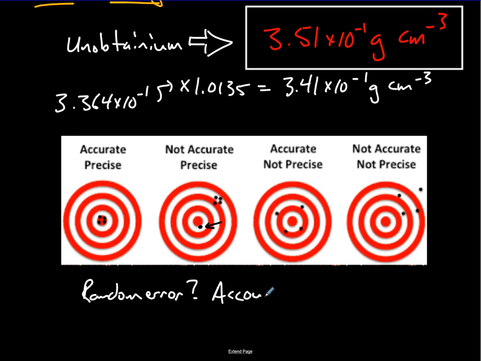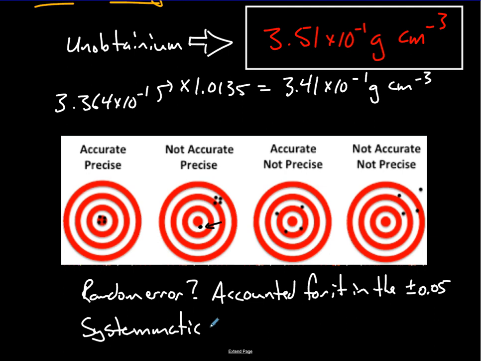We accounted for the random error. That's in the plus or minus 0.05 that we propagated through as we did our experiment. So once we've accounted for random error, if we're still out, there's a systematic error.